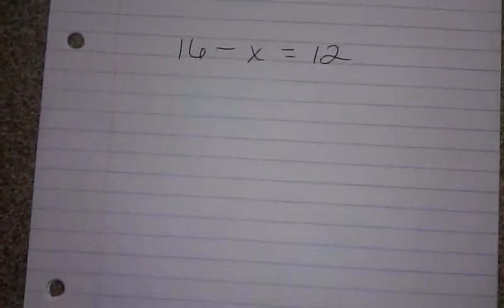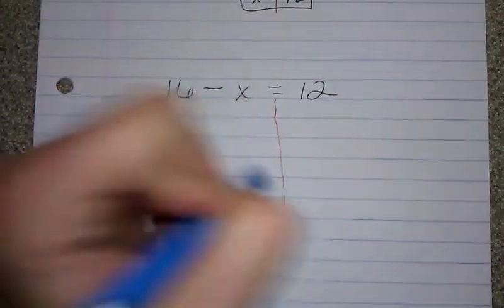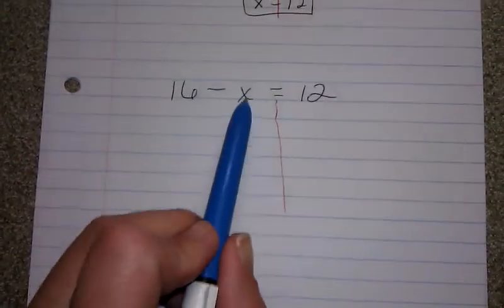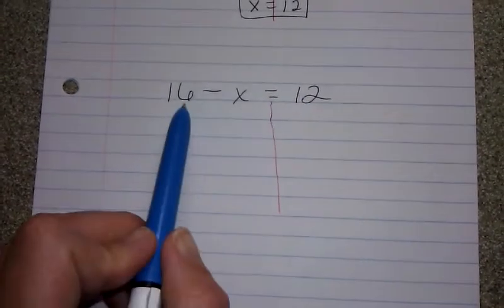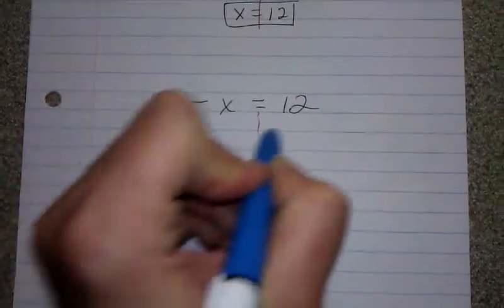Here's the next one. Pause the video and come back and see how you did. I'm going to draw my dotted line to balance out so I have my equal sign so I can keep it balanced. I need to get x by itself. This says positive 16 minus x equals 12. I need to move the 16. Since it's positive, I'm going to subtract 16 from each side.